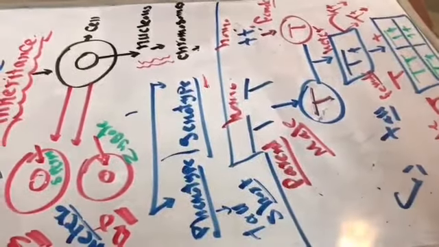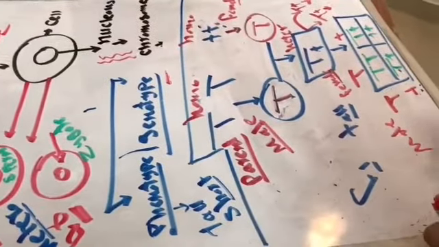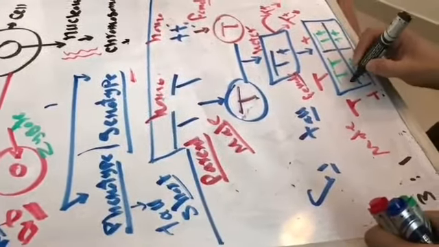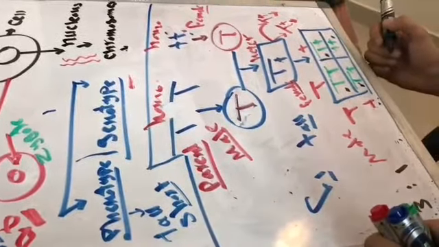The result is 3:1. So TT and Tt are tall, and tt is short. So the ratio is 3:1, three tall and one short. This is the first example for monohybrid.